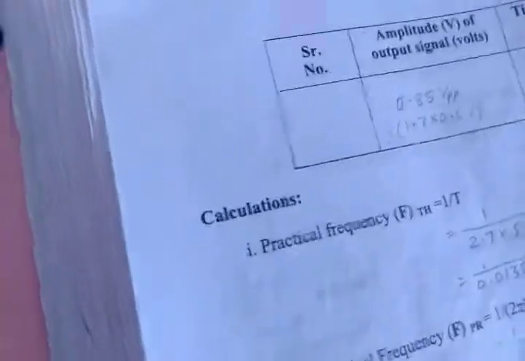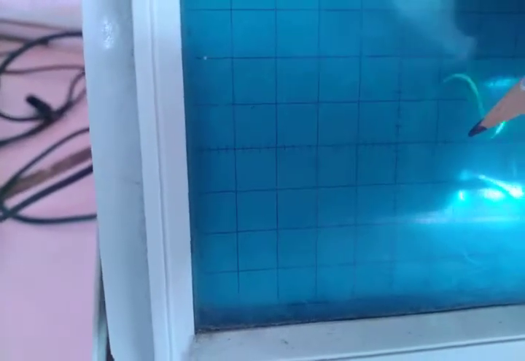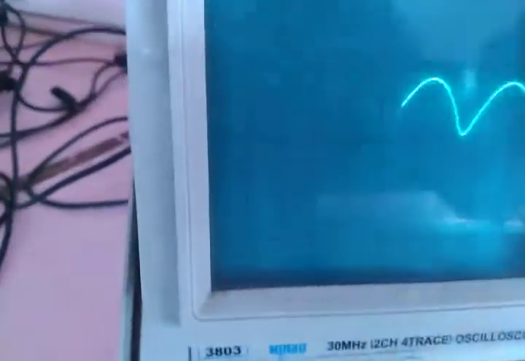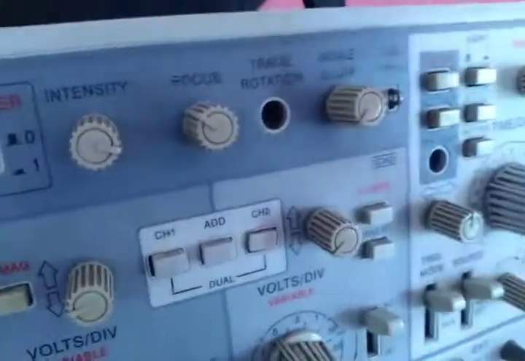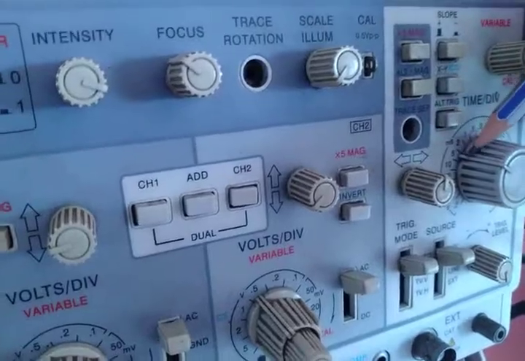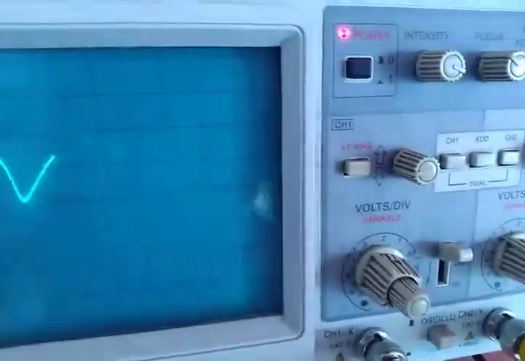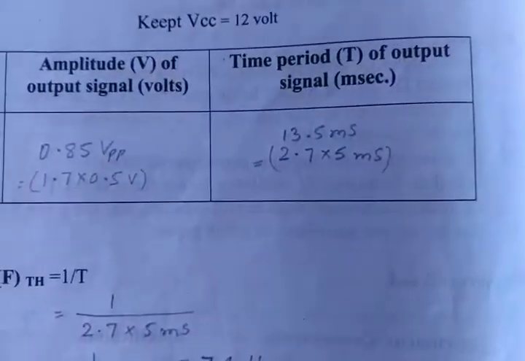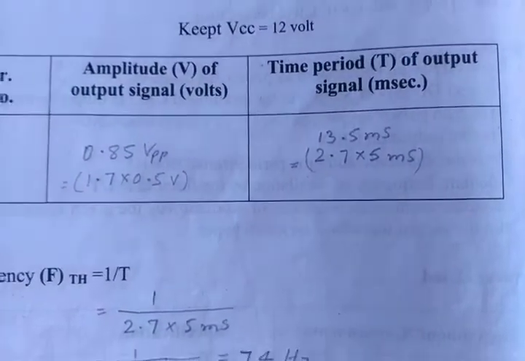Half of that we can take as the amplitude, and similarly for taking the time period, we can start with the negative peak. Starting with the negative peak, here it is near about 2.7 into time per division, which is at 5 millisecond. So 2.7 into 5 millisecond is the time period for one cycle.